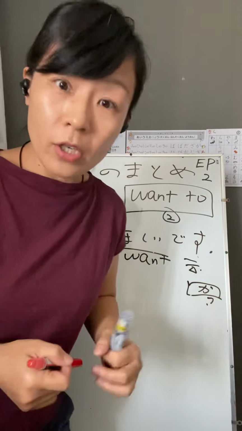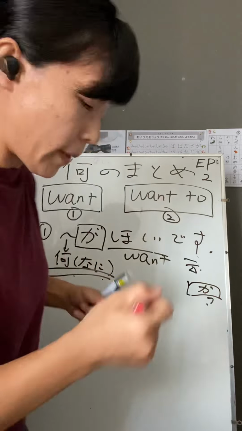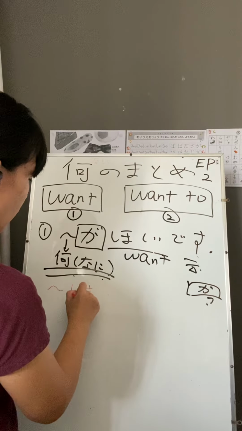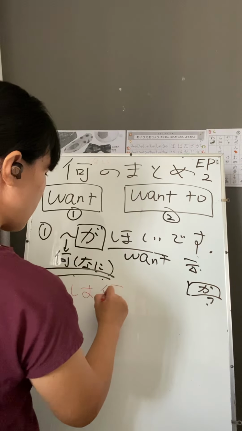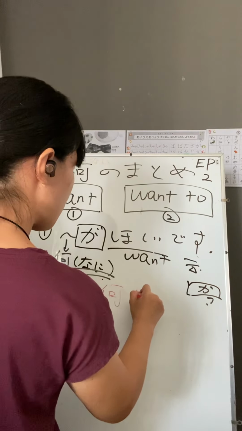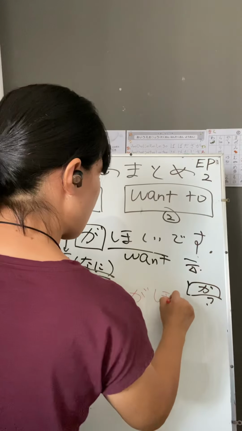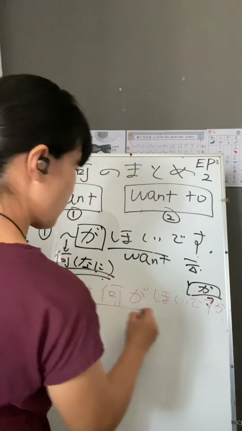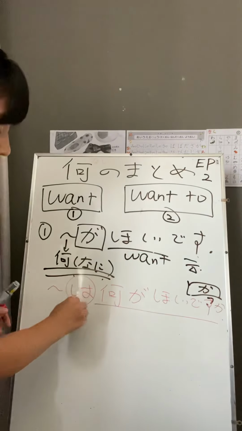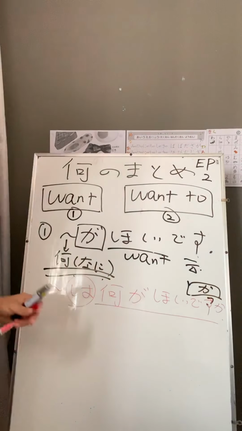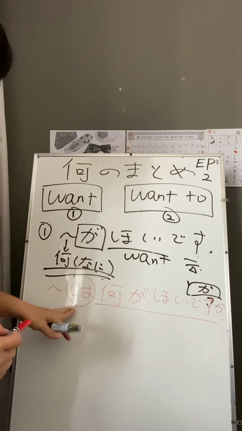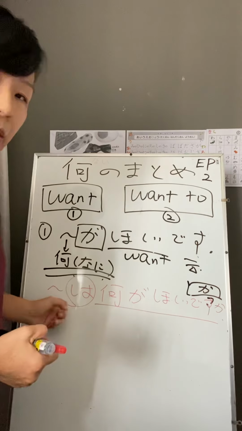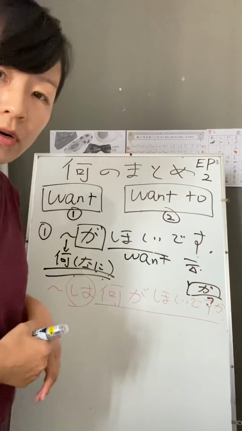If you want to bring out the topic, you can use the sentence pattern 何々は何が欲しいですか? Over here the topic marker は brings out the topic. For example, Christmas, or birthday.